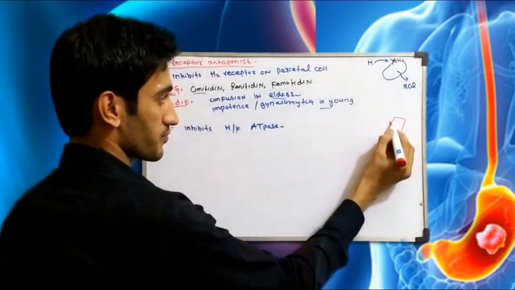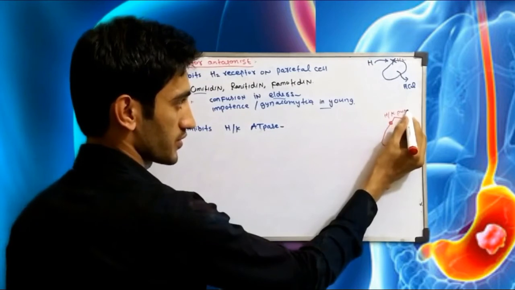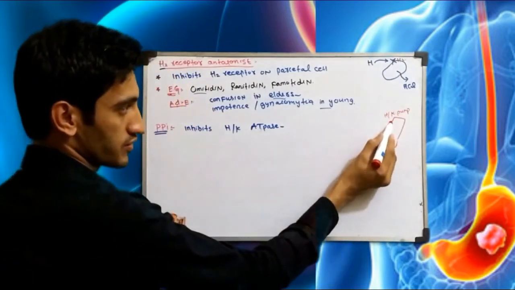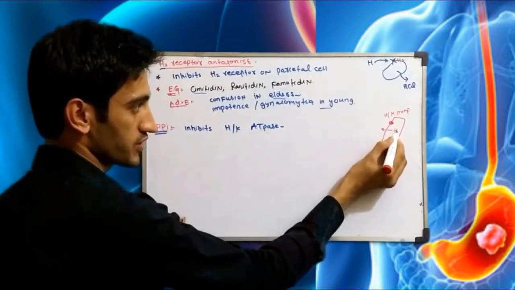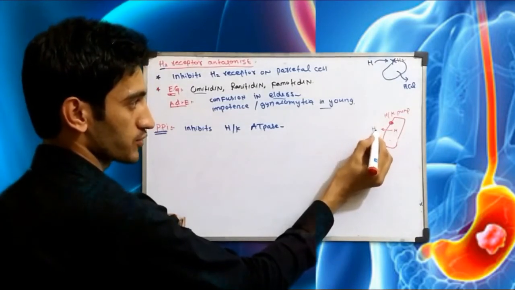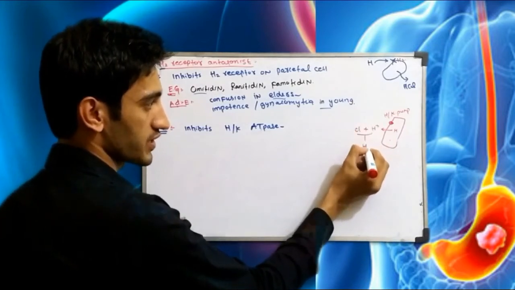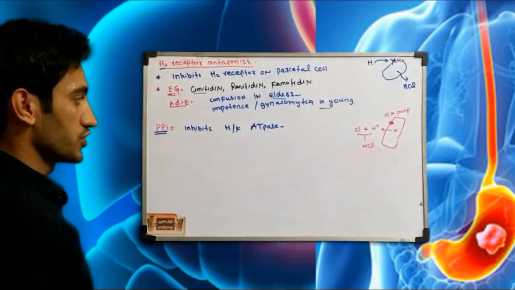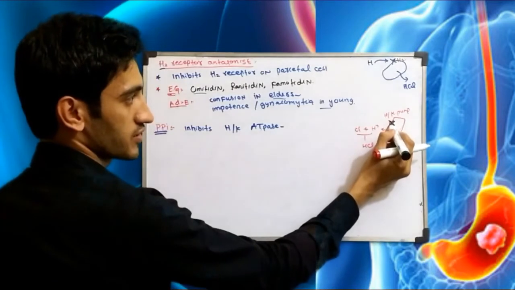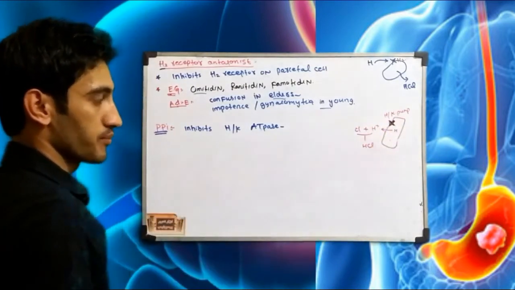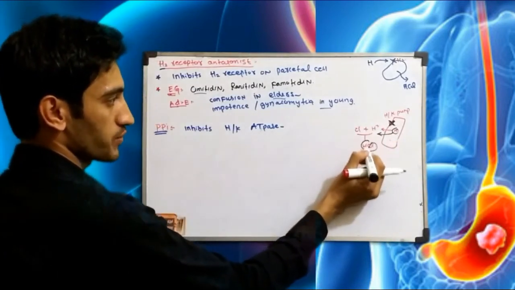There is a pump, hydrogen potassium pump. This pump will push hydrogen ions from cells to the lumen, where hydrogen ions will react with the chloride and form HCl. Now, proton pump inhibitors will inhibit this hydrogen potassium pump, so the hydrogen ions will not be released into the lumen, so the acid will not be formed.